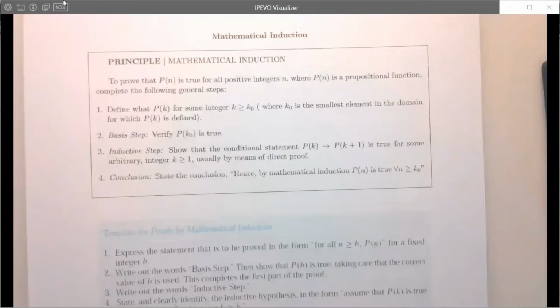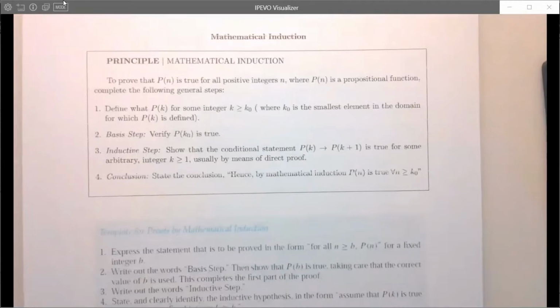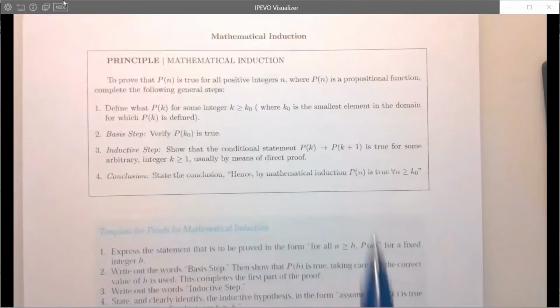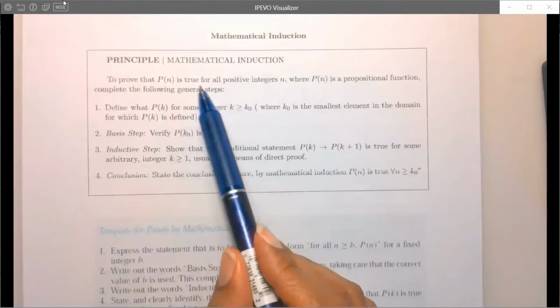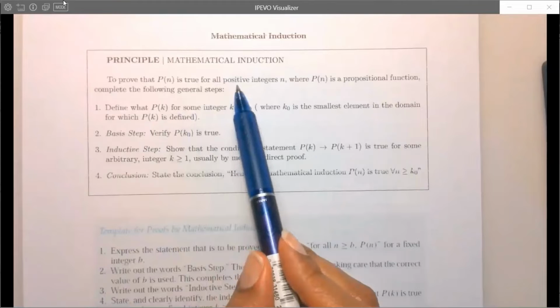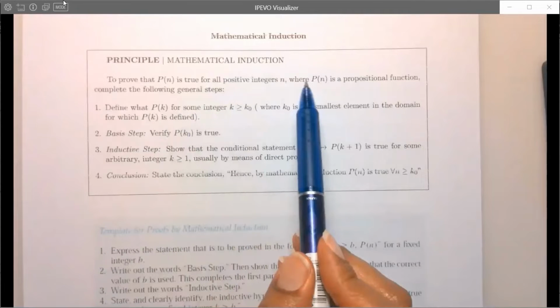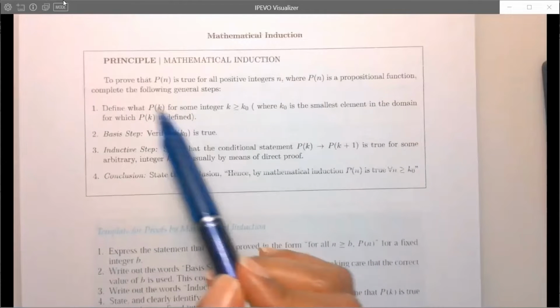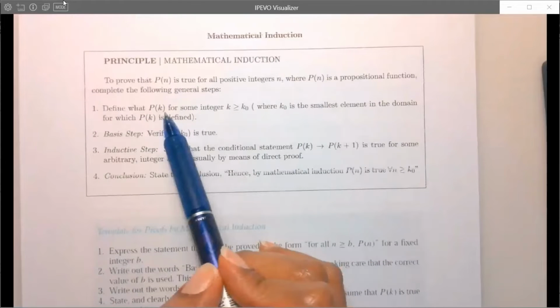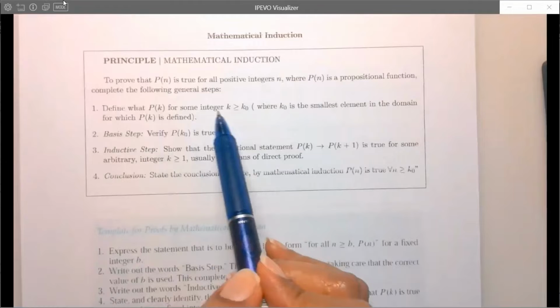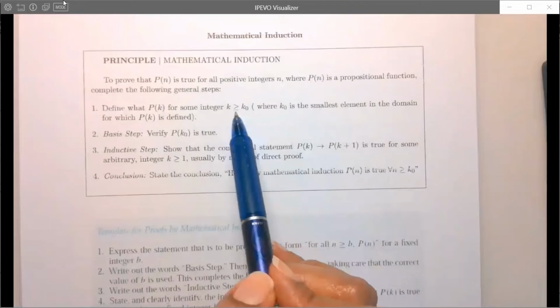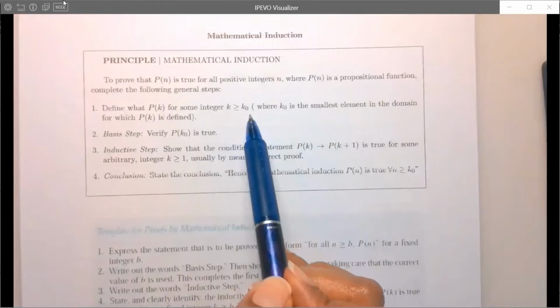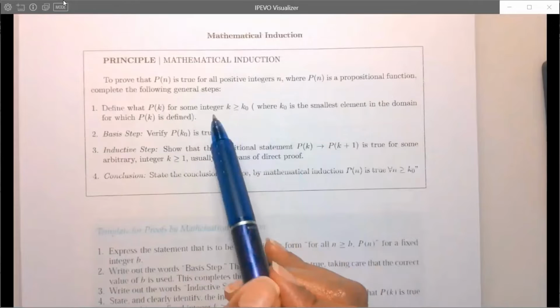Actually, before we do, let me talk about what the steps in mathematical induction are. To prove that P of n is true for all positive integers n, where P of n is a propositional function, we first have to define the propositional function P of K for some integer k greater than or equal to k0, where k0 is just the smallest element in the domain.